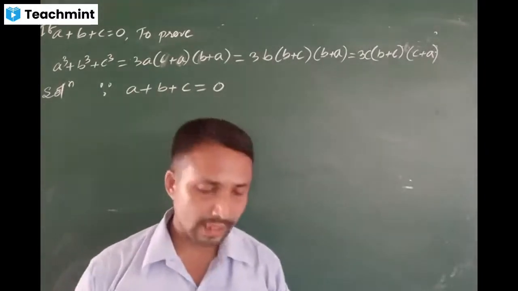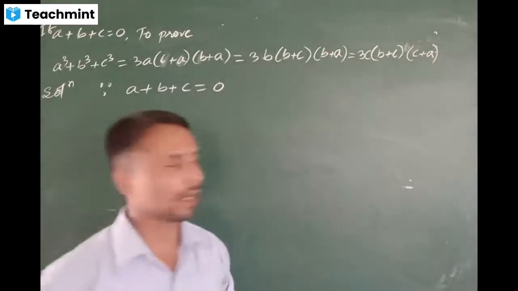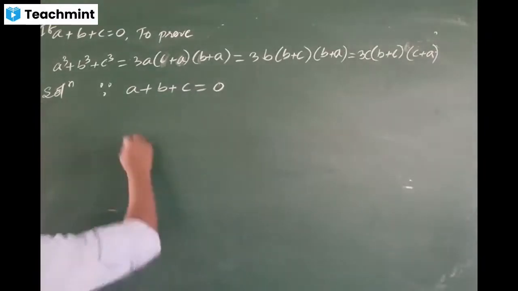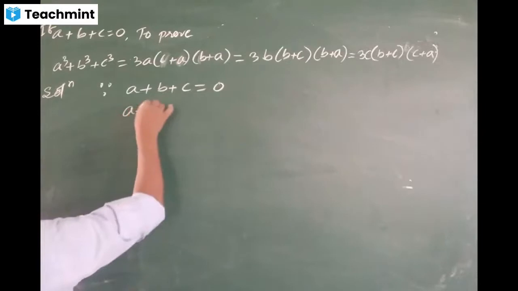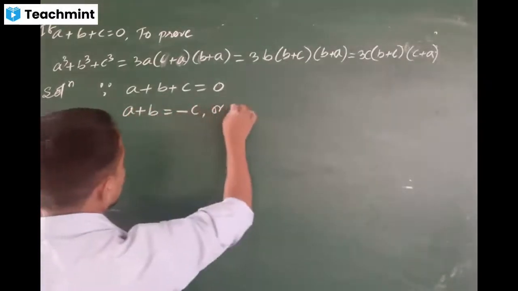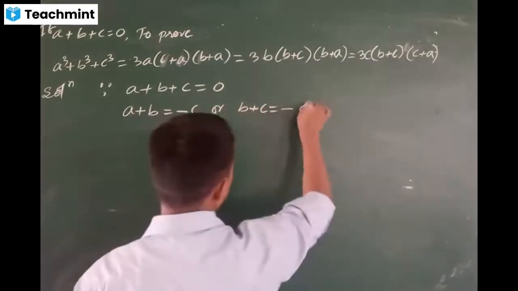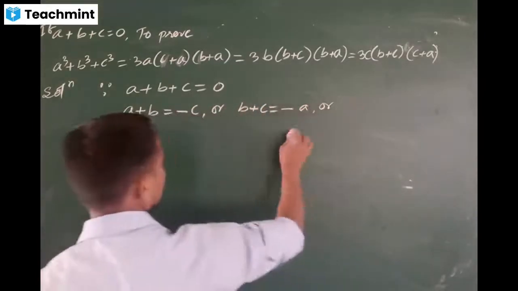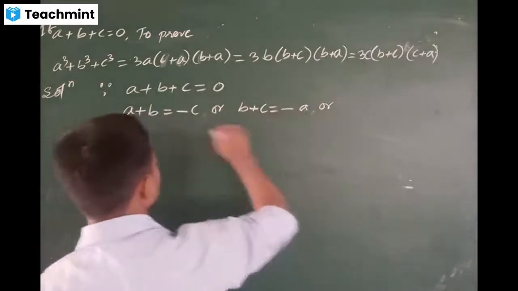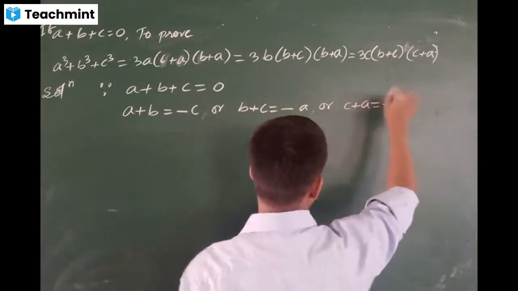In that case, one thing is supposed to be removed, A plus B or B plus C or C plus A. For that reason, we can take A plus B equal minus C, or B plus C equal minus A, or C plus A equal minus B.